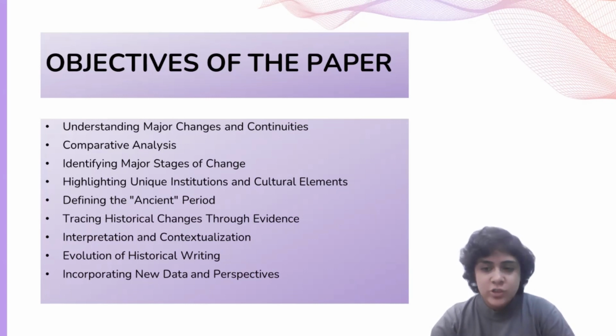Students will learn that history is not just about presenting facts but also interpreting them in context. Historians play a crucial role in explaining the meaning of historical objects and their significance within the broader historical context. The course acknowledges that historical writing is not static; it evolves over time.